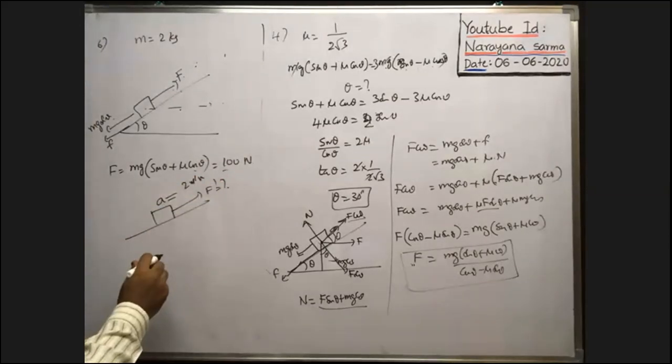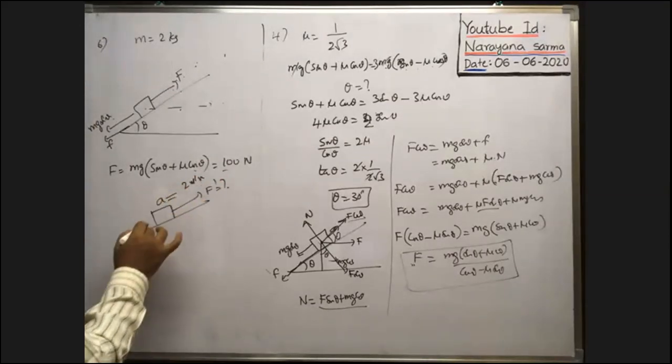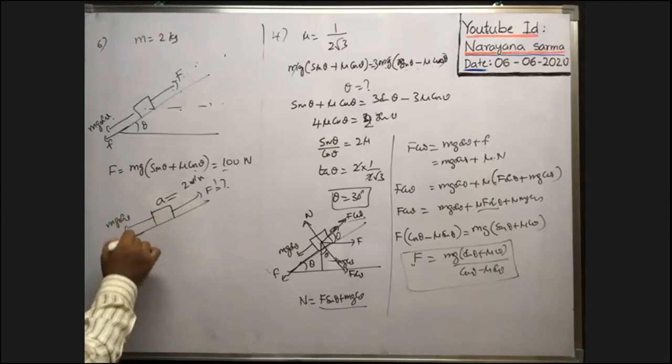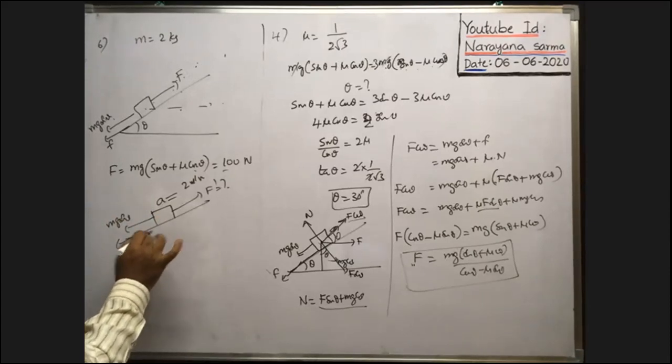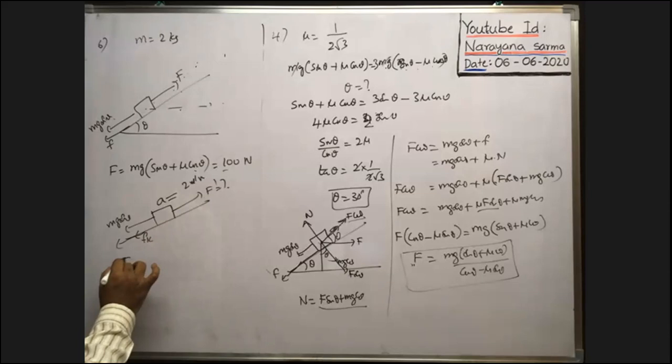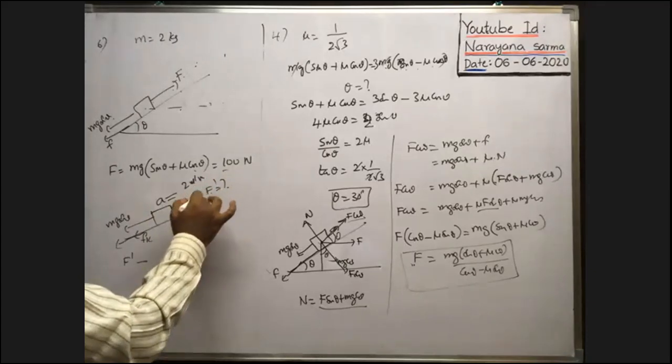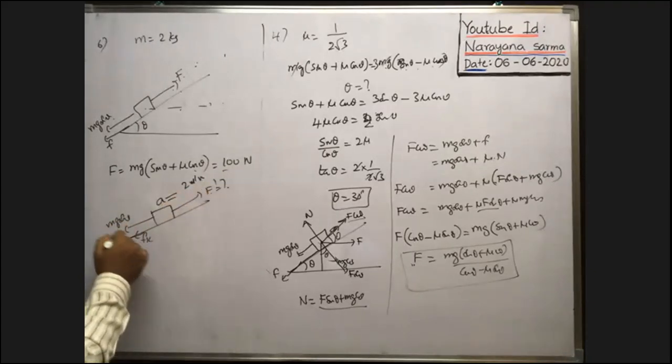F dash is equal to how much? While moving the block in the upward direction, the net force acting on the block means no doubt the weight component mg sin theta acts downwards and the friction also acts in the downward direction. The net force acting on the block is equal to F dash minus, in the direction of motion of the block, this is the applied force F dash, and in the downward direction the sum of these two forces acts.